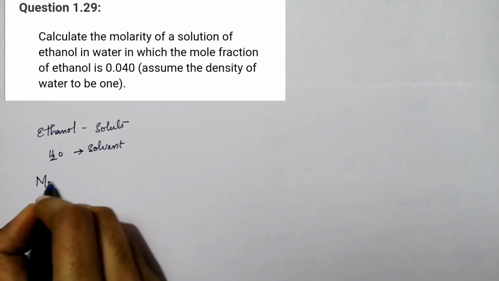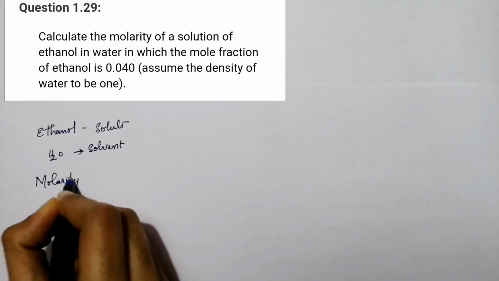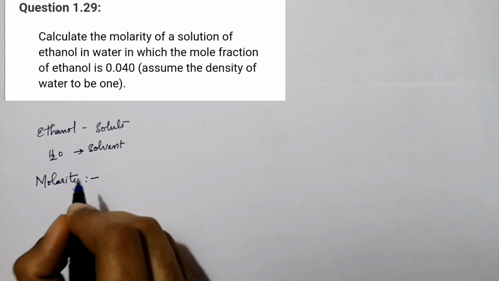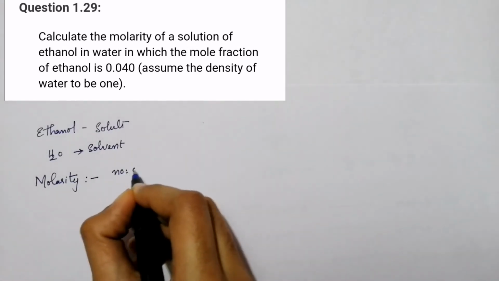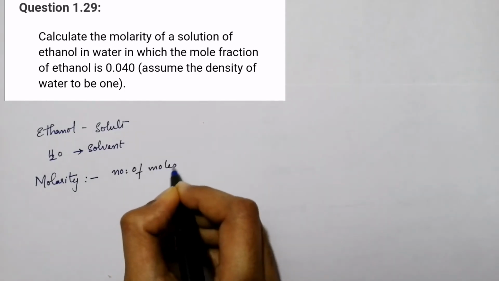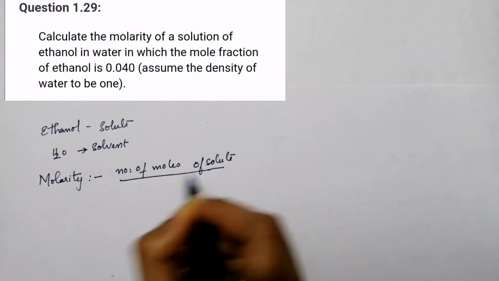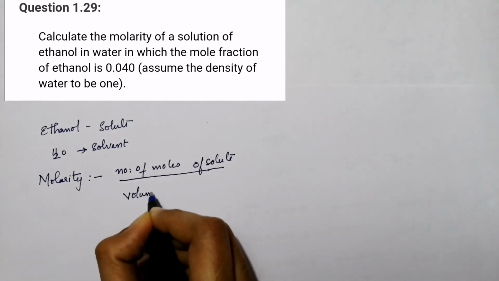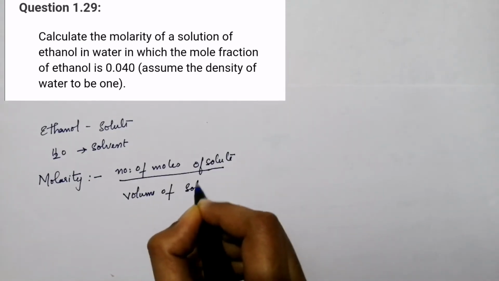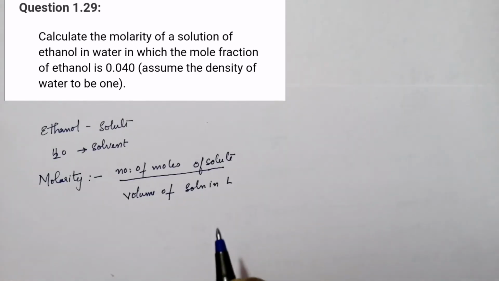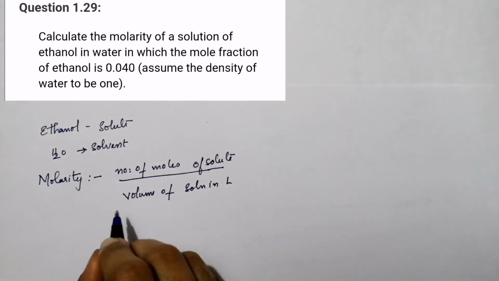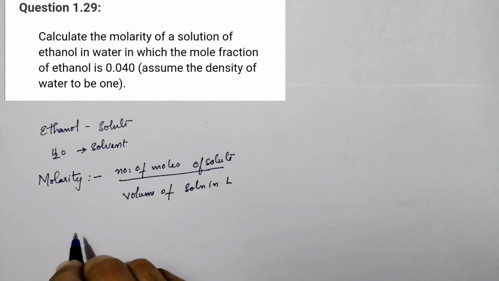Now we are asked to calculate the molarity of ethanol. We know that molarity is equal to number of moles of solute, here it is ethanol, divided by volume of solution in liters. So this is the equation that we are following to calculate the molarity of the solution.